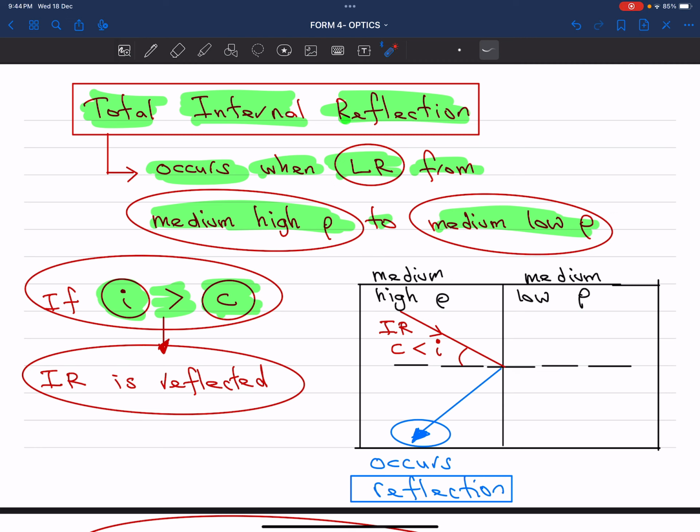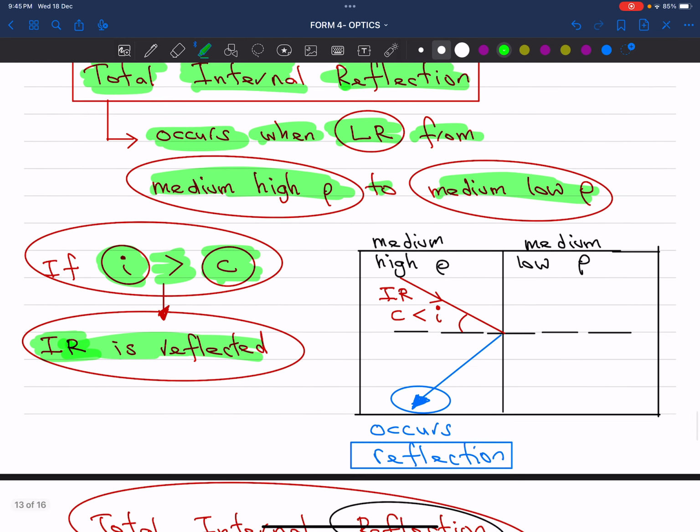So total internal reflection occurs when the light ray moves from a medium of high density to a medium of low density, and if the angle of incidence I is more than the critical angle C, the incident ray will be reflected.